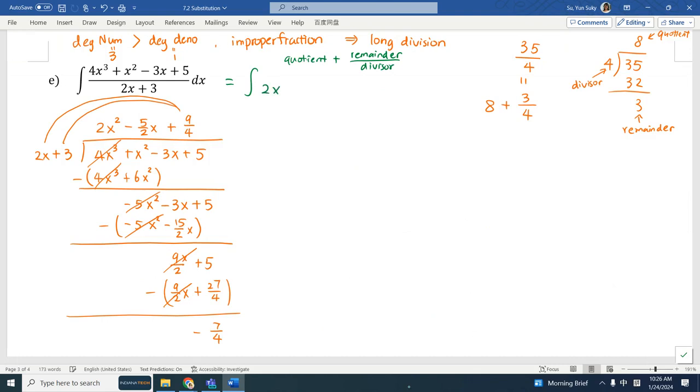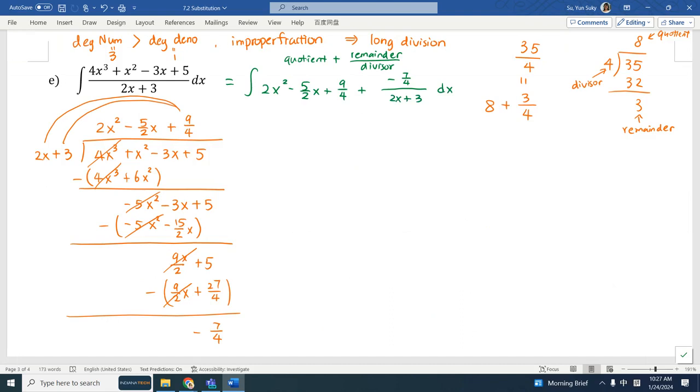Quotient is 2x squared minus 5 over 2x plus 9 over 4, plus remainder. What is remainder? Negative 7 over 4. And then over divisor. What is divisor? 2x plus 3. Yes. Good. Right, everybody?